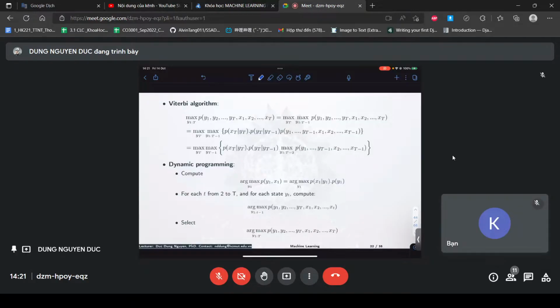But then you have to go forward to see what you can do, which means you are trying to find the sequence from y1 to t minus 1 that maximizes this joint probability. So overall, you need to form the joint probability of the sequence. And then, given that, you can select the yt that can maximize the whole sequence.